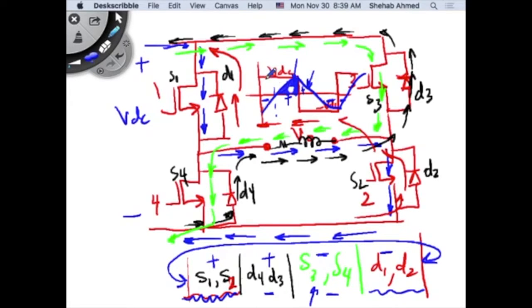But if I have many multiples of these switchings happening in a single period, the number of these switchings that I can have in a single full period of the fundamental waveform is going to be limited by the amount of dead time that I have. If you have to maintain a huge amount of dead time, then it eats away from your switching period.